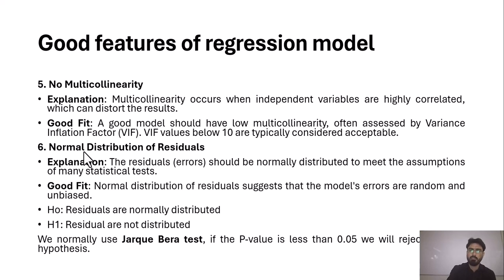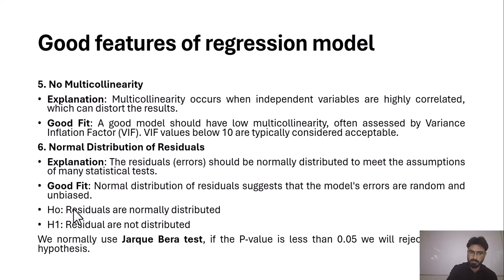The next feature for a good regression model is the normal distribution of residuals, that your residuals should be normally distributed. Normally we use the JB test, or Jarque-Bera test, to check the normality of residuals.